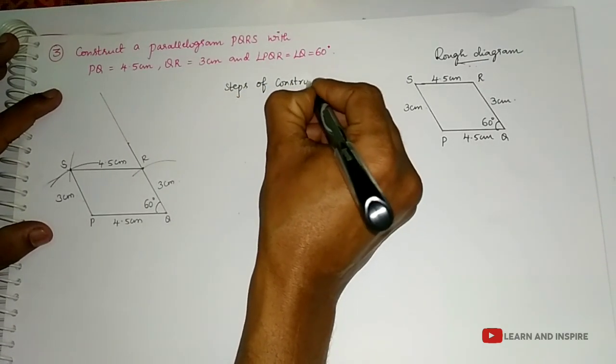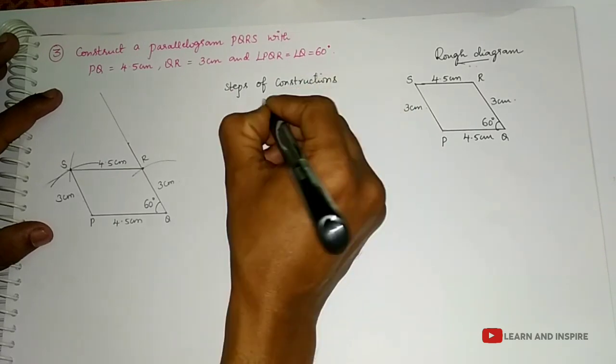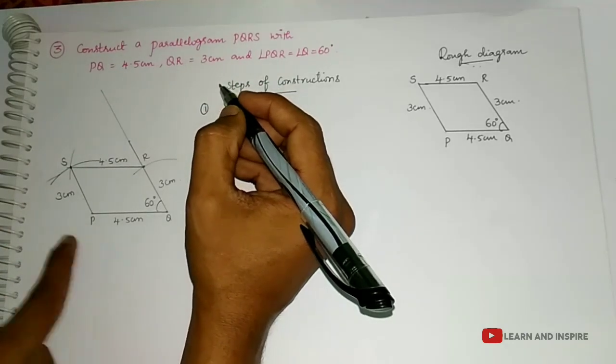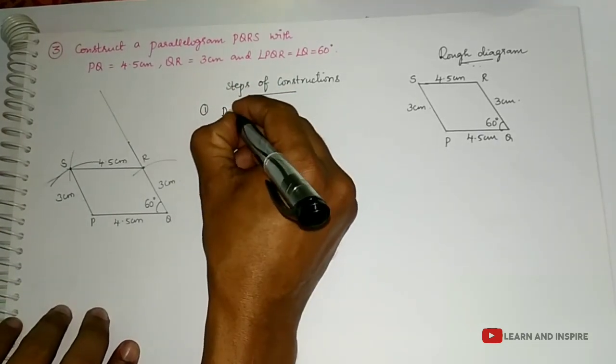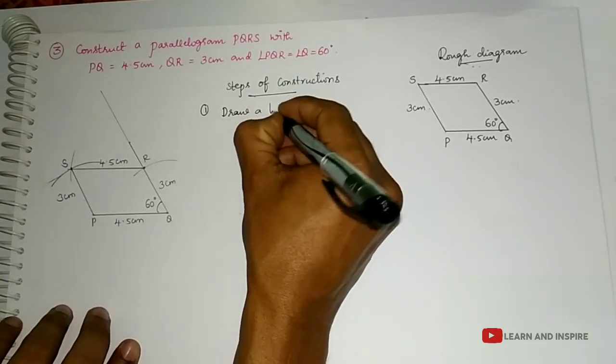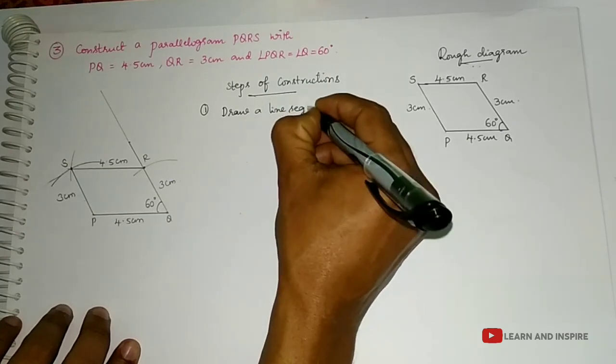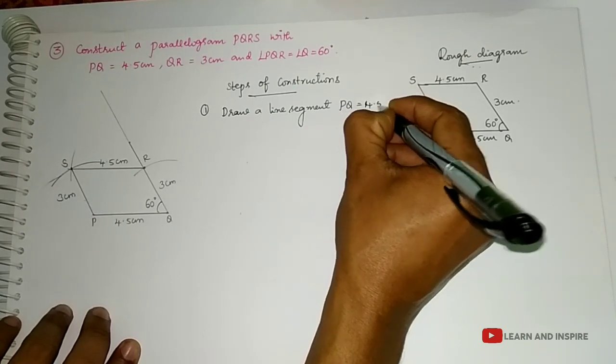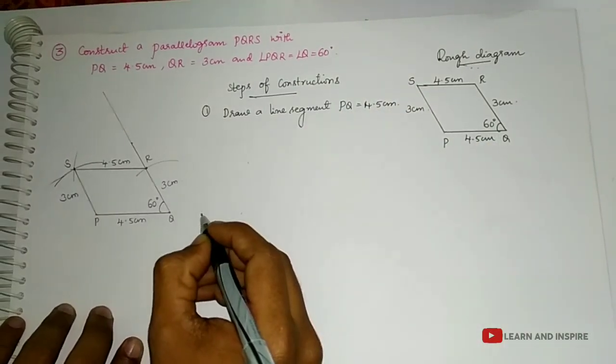Steps of construction. What is step 1? Draw a line segment PQ equal to 4.5 centimeters.